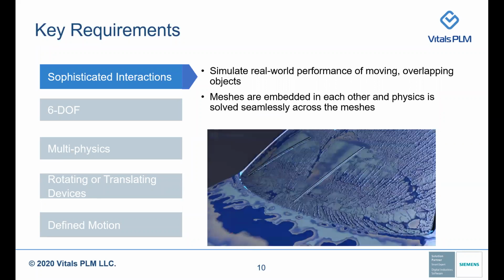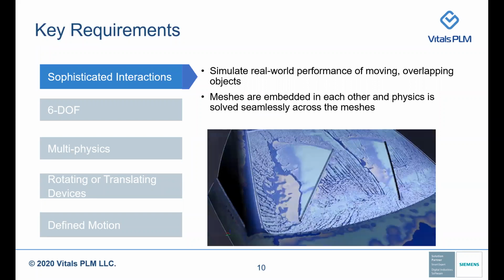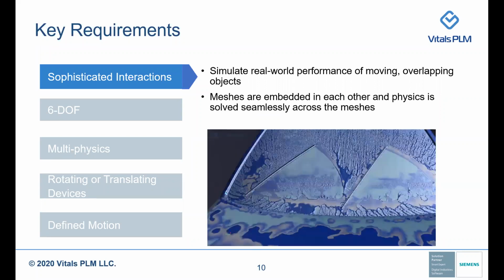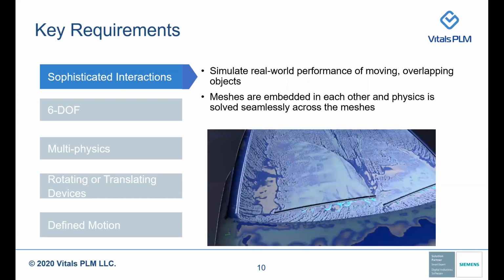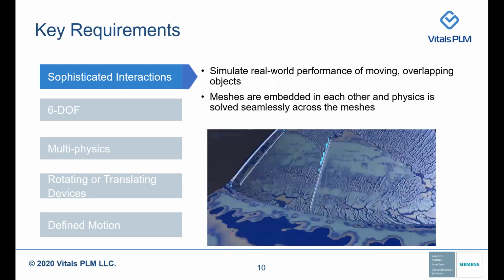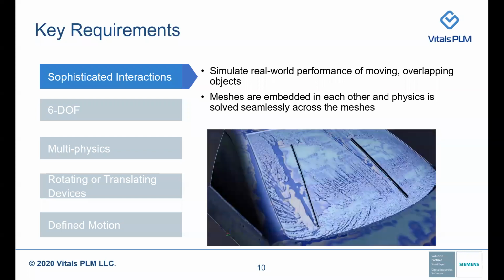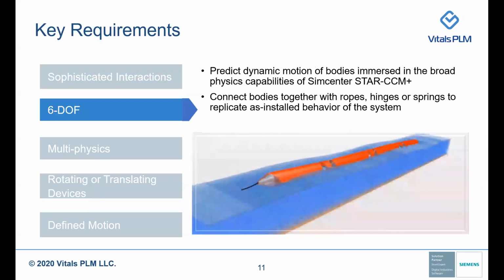This is the need of the sophisticated interaction of both moving objects, as well as the physics that need to be solved across the different regions or domains. And it's not just a simple motion anymore from the industry point of view.